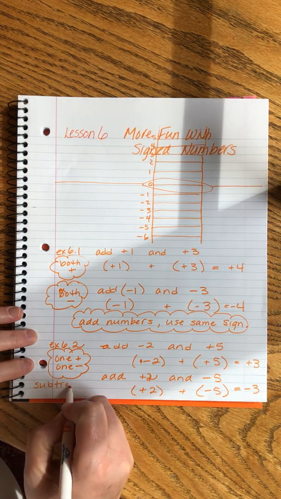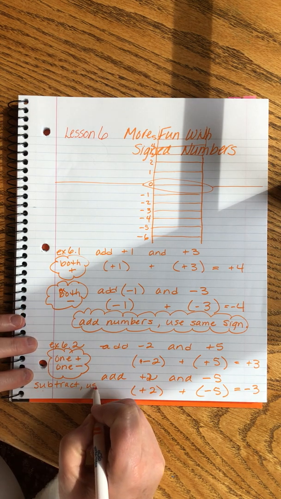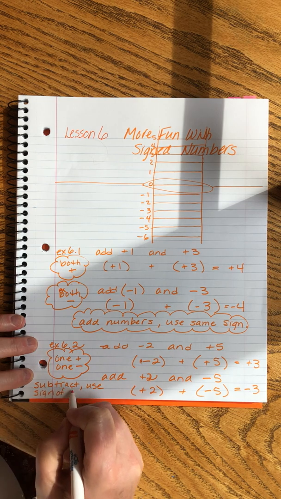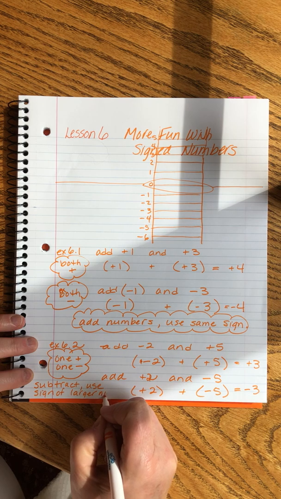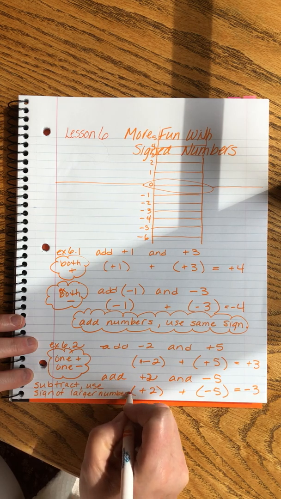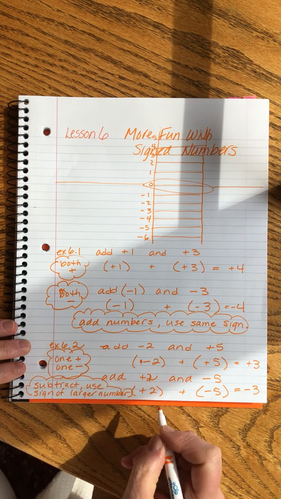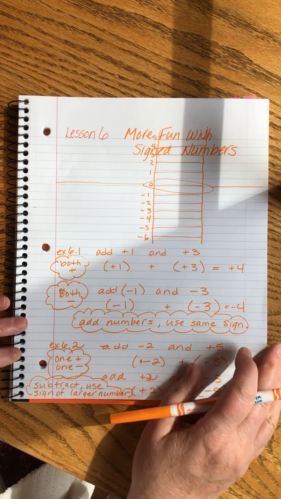So we subtract, and then we use the sign of the larger number. That's the rule for two different signs in your addition problem.